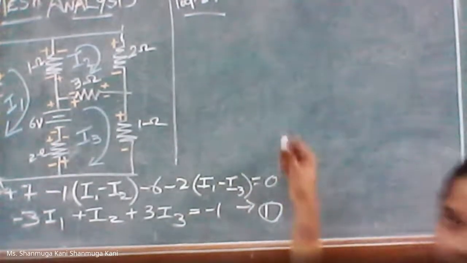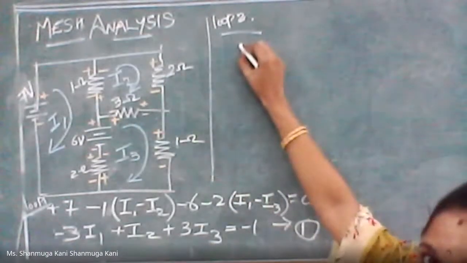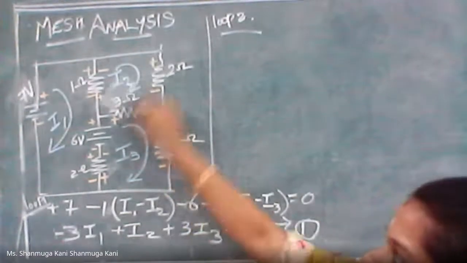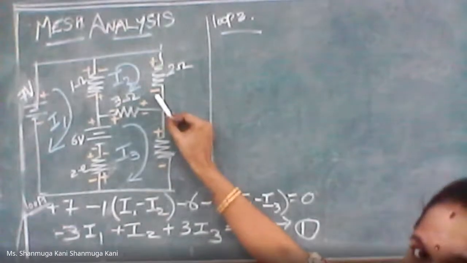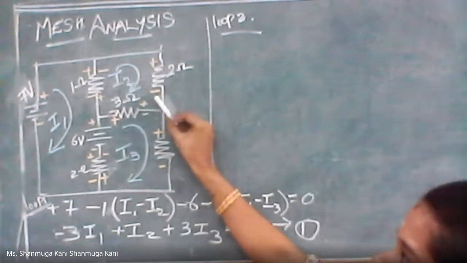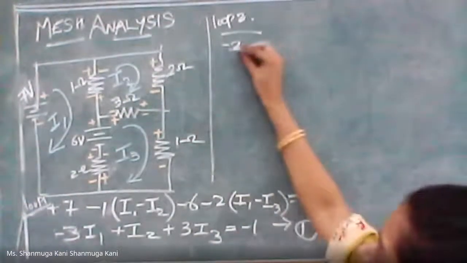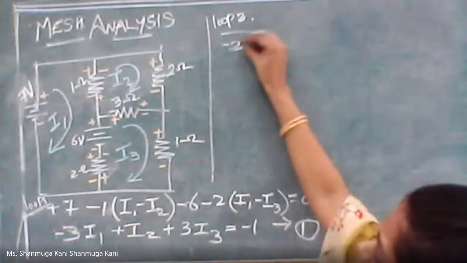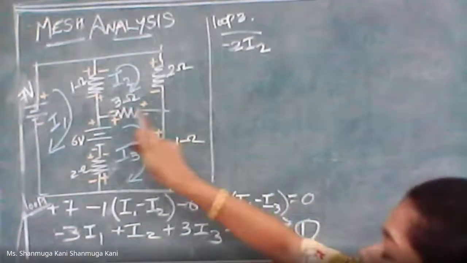How will we write it? There are only 3 resistors and no voltage source for loop 2. First, the 2 ohm resistor: what is the leading sign? -2 into what is the current? Only I2 current flows, so -2 into I2.